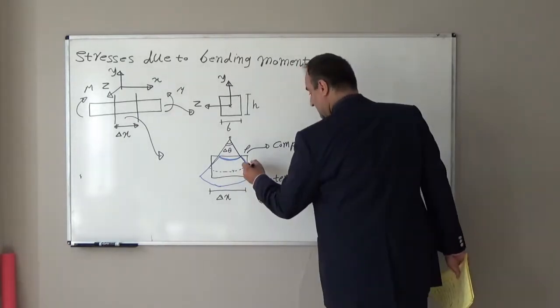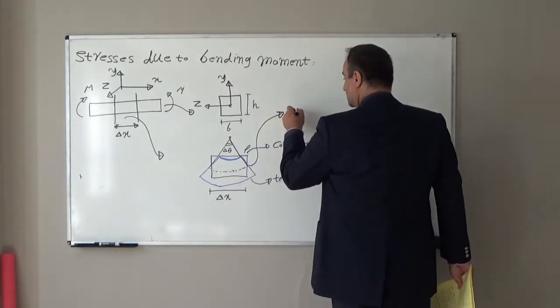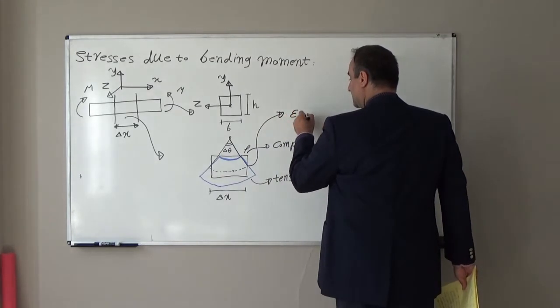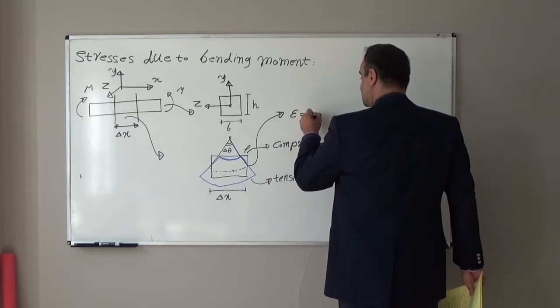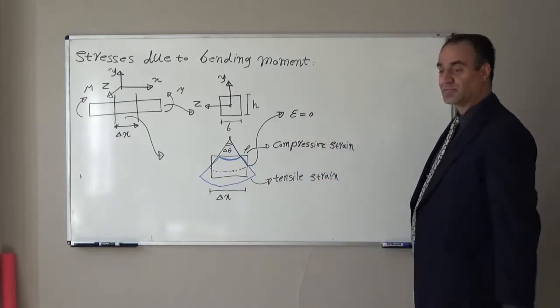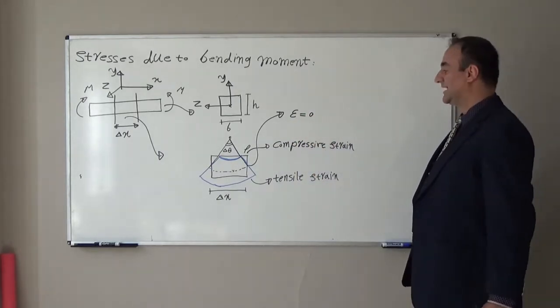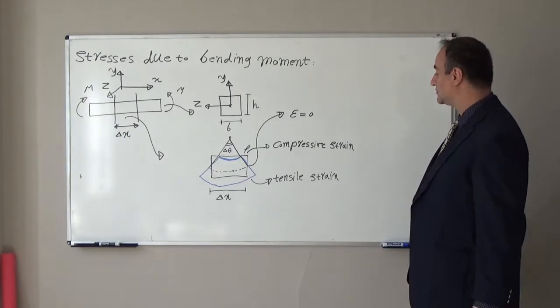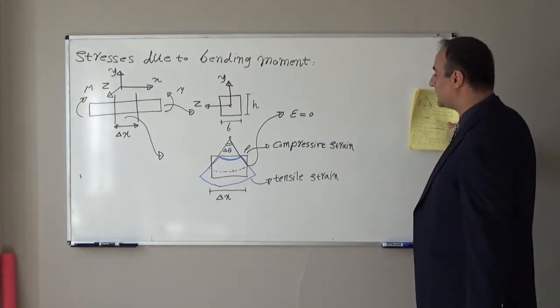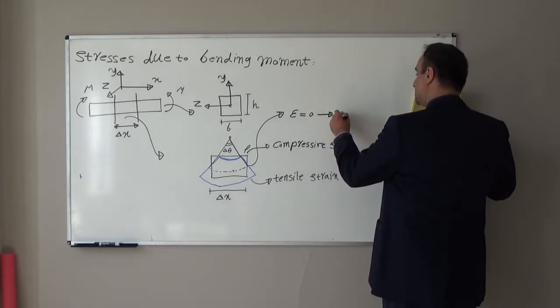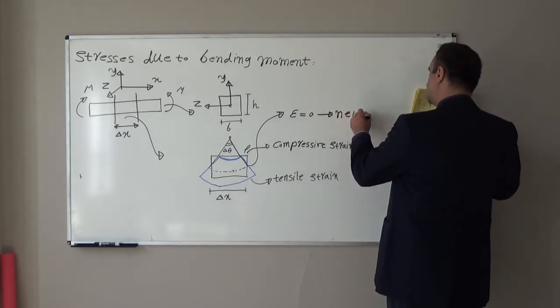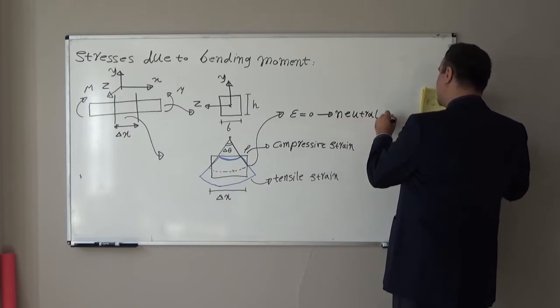In this fiber, strain is equal to 0, and deformation is equal to 0, and stress is equal to 0. We will call that fiber neutral axis location. So we will call it neutral axis.